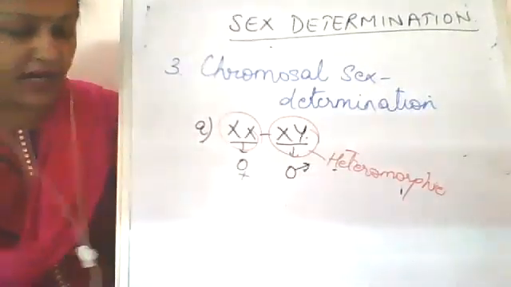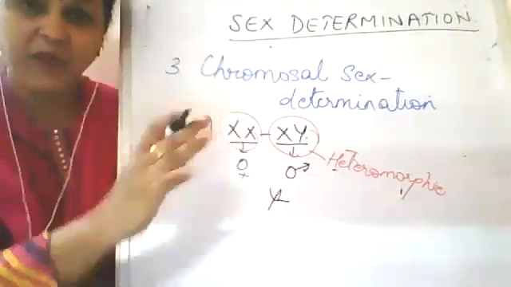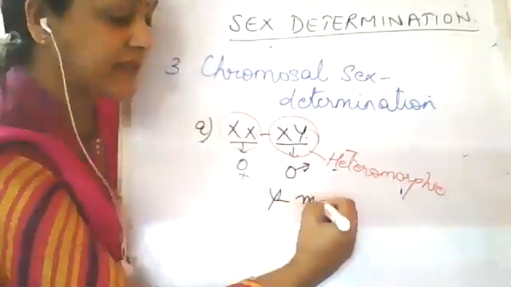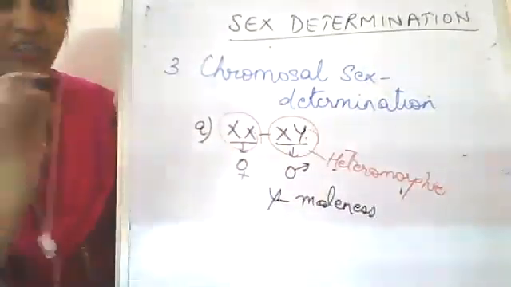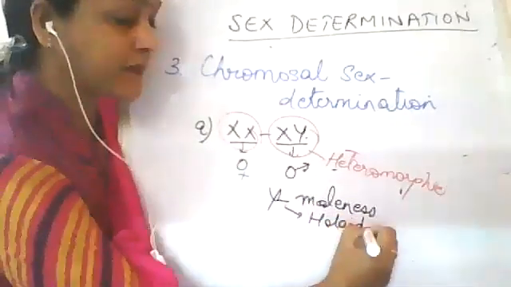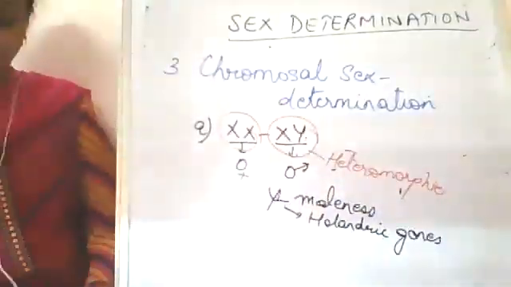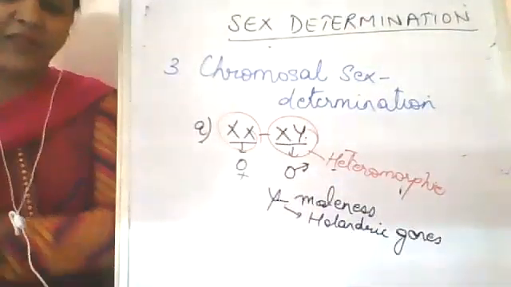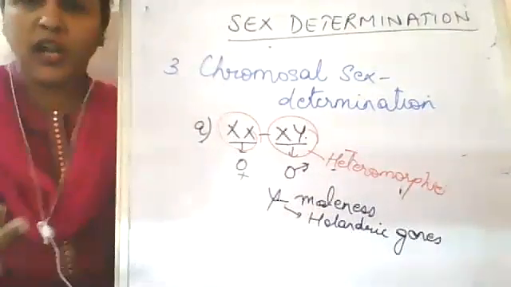Because the Y chromosome hardly has any other gene except the gene for maleness. Such genes are known as holandric genes, or Y-linked genes.